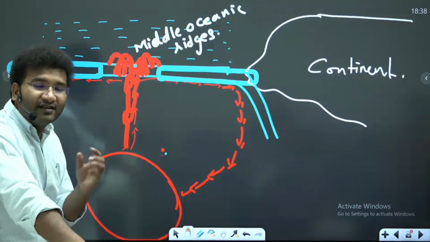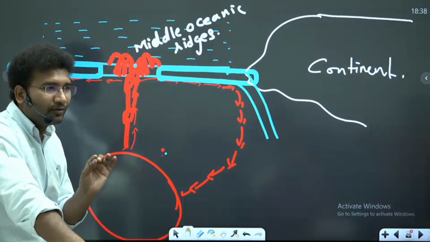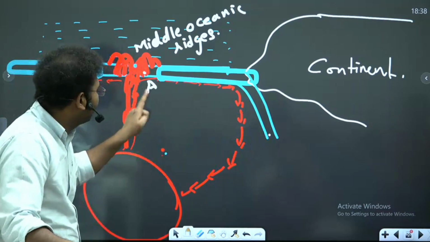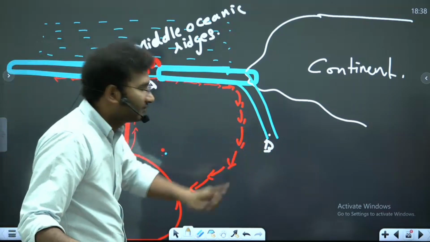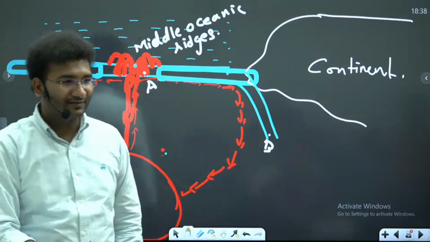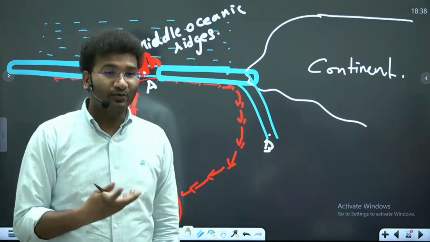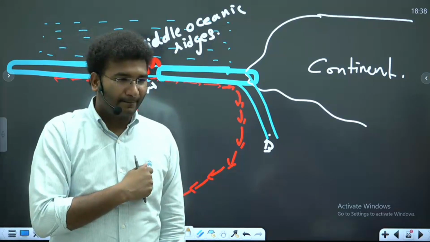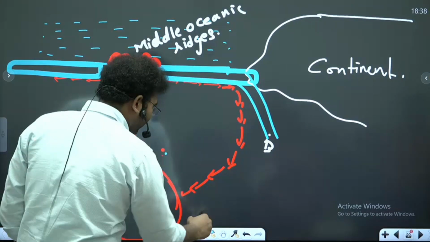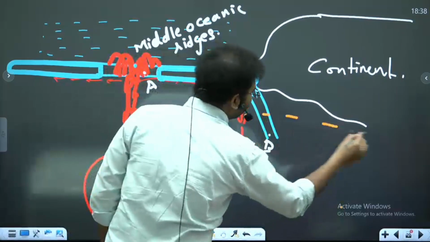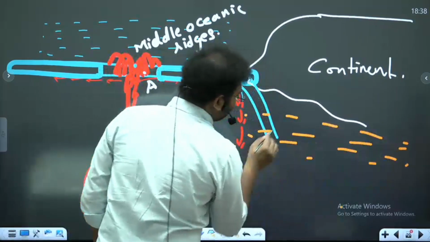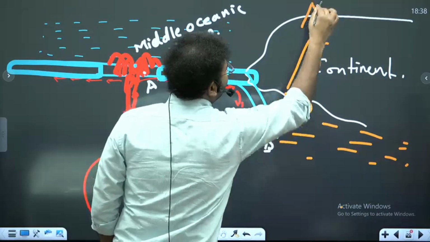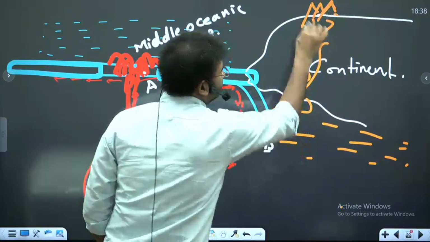Now where is the new oceanic floor being formed? Here or here? I'll call this A. I'll call this B. Where is the new A? Why B? B is going and getting synced, right? This is getting synced where? ये तो मेल्ट हो रहा है, यहाँ से मेल्ट होकर you will get to see the rising, finally volcanoes are being formed here.